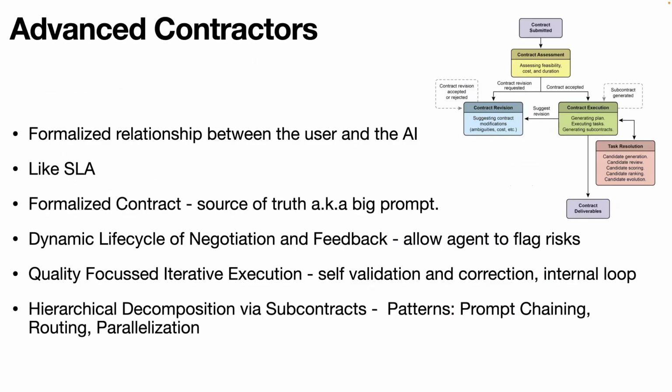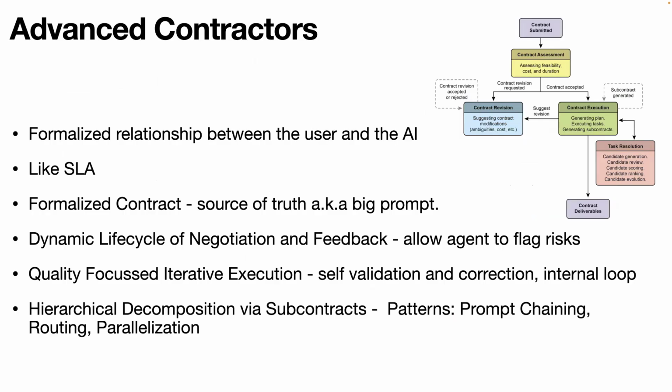Next, advanced contractors. This is kind of similar to the previous AI contract topic, but this goes into details of how you can formalize relationships between users and AI systems, like an SLA.